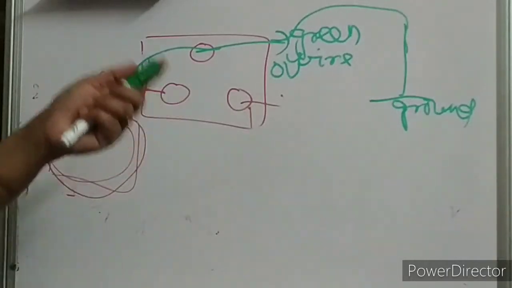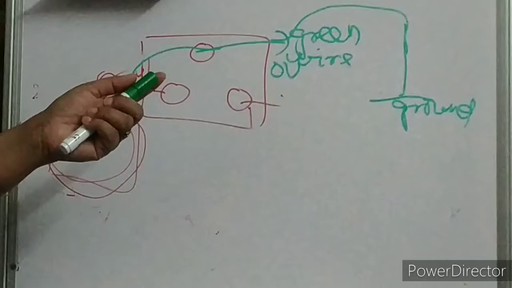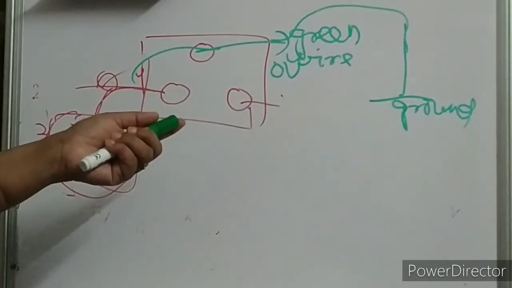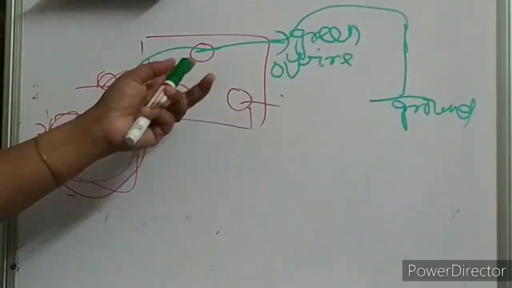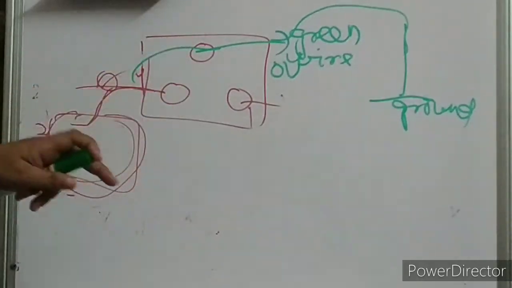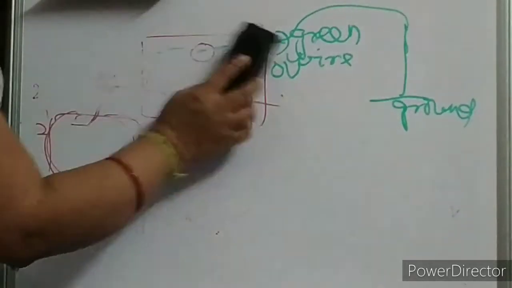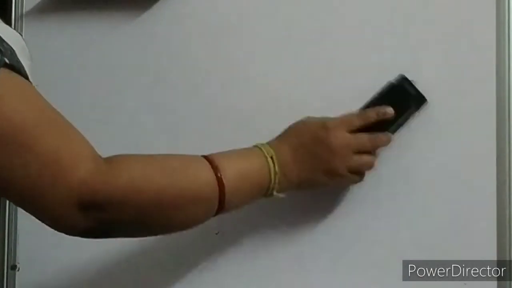Children, for the mobile charger the current flow is not heavy. Here the current flow is very small, so no such hazard will happen. Clear? For heavy appliances, 3 wires are connected, and I have also discussed the purpose of all these 3 connections. Clear? Okay.